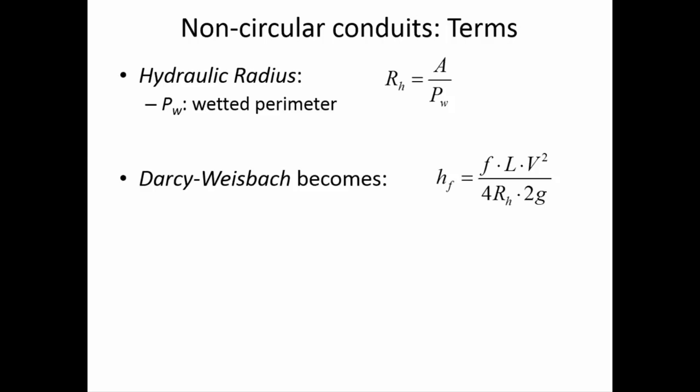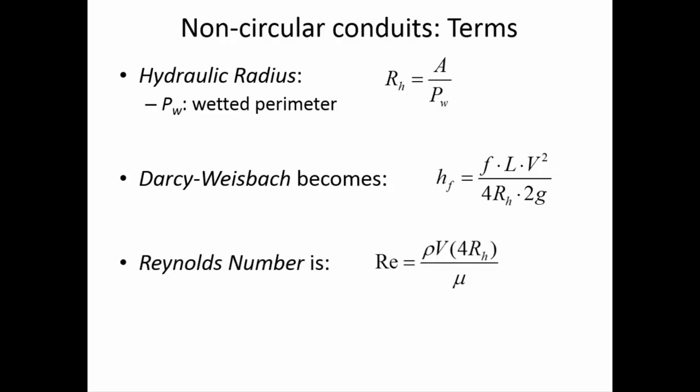That's related to our earlier observation that for a pipe that's flowing full, hydraulic radius is just D divided by 4. So for any enclosed conduit that's flowing full, we'll say that D is going to be 4 times the hydraulic radius, R sub H. All right, so that's what's been done here.